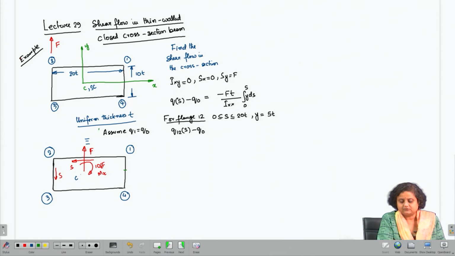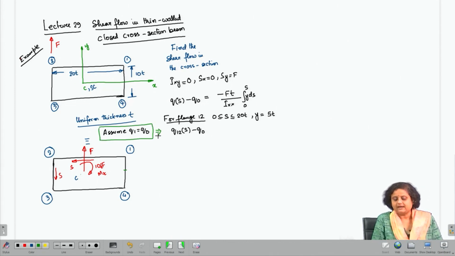So, Q12 minus Q0 can actually be written as 5F T square by Ixx into S. Therefore, Q12 of S can be written as Q0 minus 5 F T square S by Ixx.